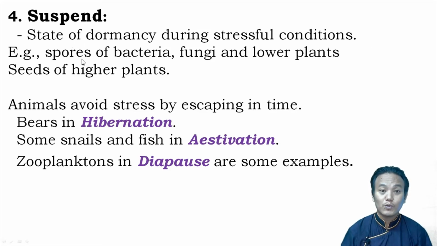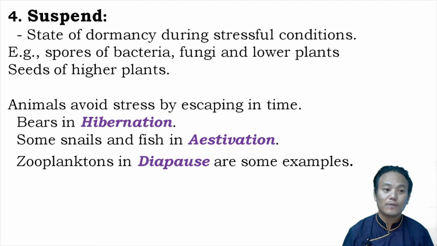Spores, with their hard external covering, protect the organism from external heat and desiccation. And seeds of higher plants, with the seed coat, protect the embryo from heat and desiccation. When favorable conditions return, the spores and seeds can germinate and give rise to new organisms.